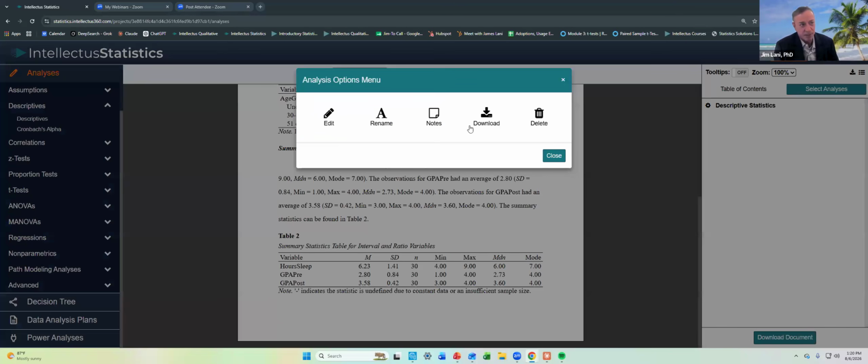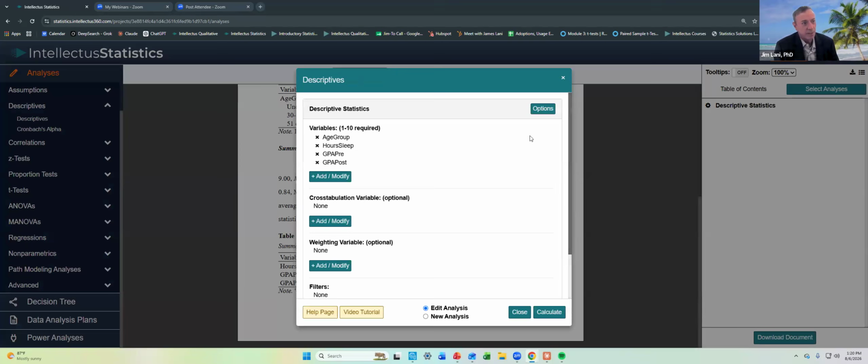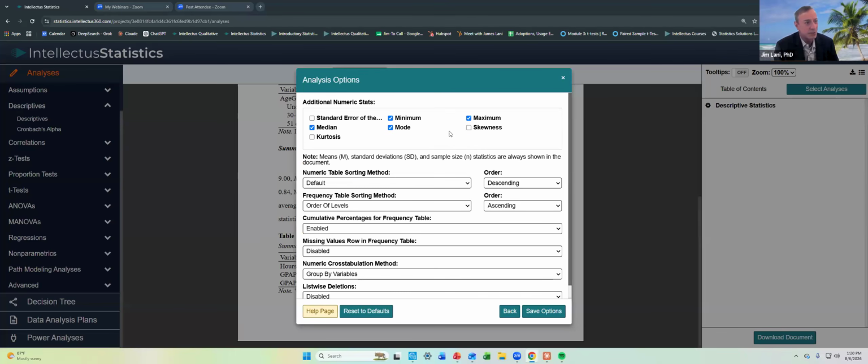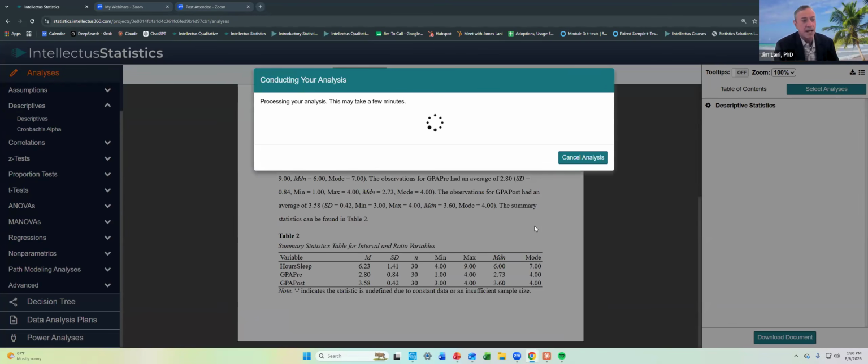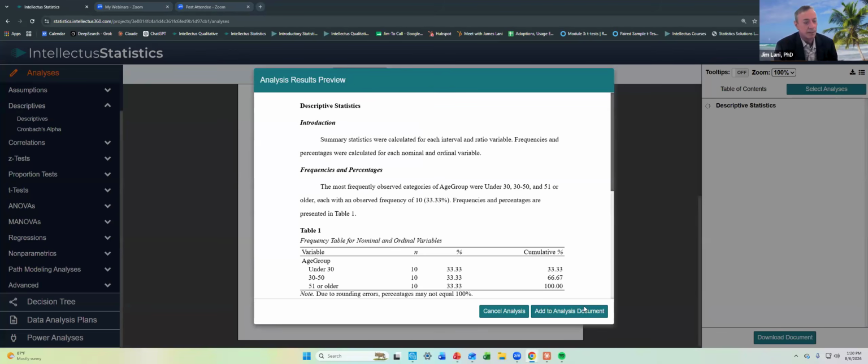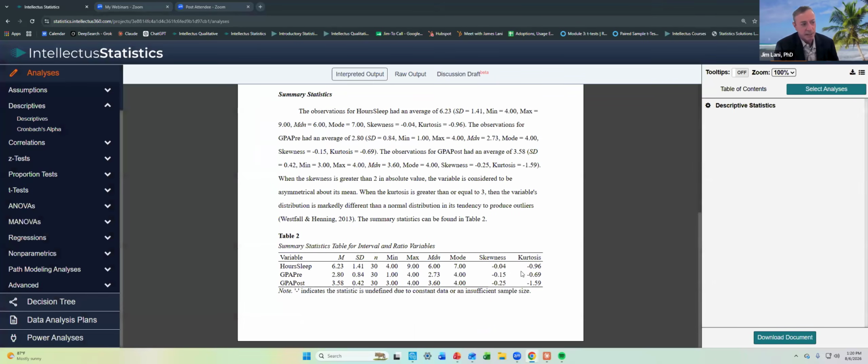You can edit this, by the way, by going to options and saying, you know what, I want skewness and kurtosis. Okay, can save that, recalculate that, and then it will recreate that APA table on the fly. Okay, and have that there sitting for you.